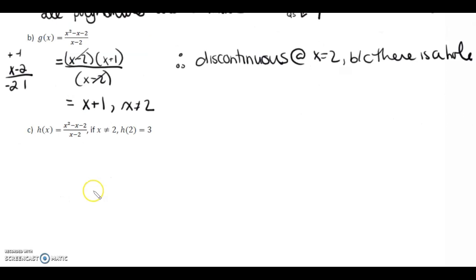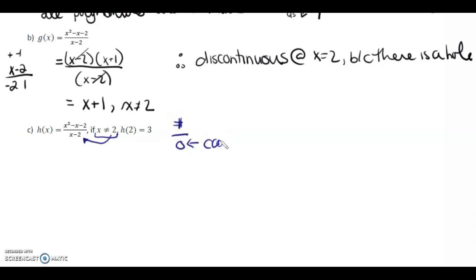So taking a look at C, B and C are very similar, whereas we have the same function here, h at x equals x squared minus x minus 2 all over x minus 2. And this time they do give us a restriction. They give us that restriction in the denominator. So x can't equal 2, of course, because we can't have a number over 0.